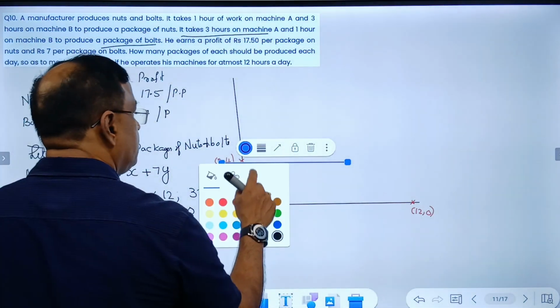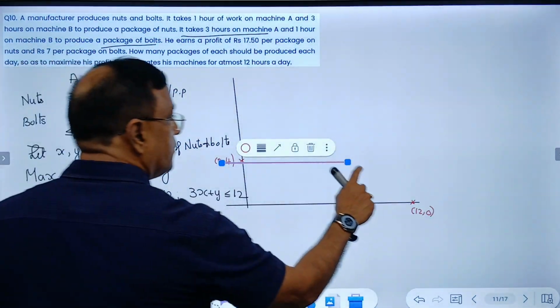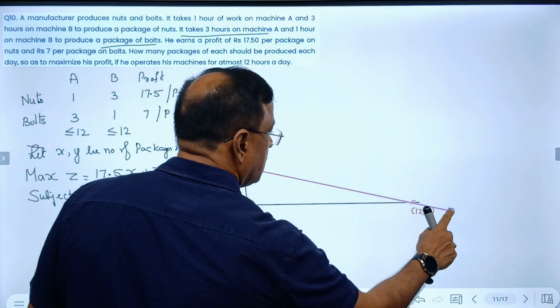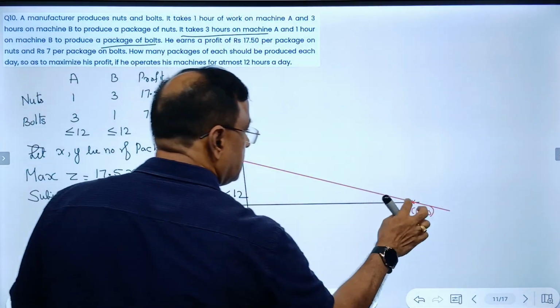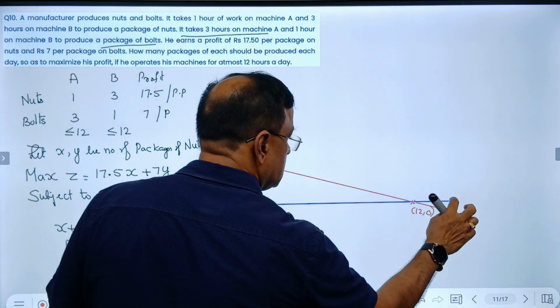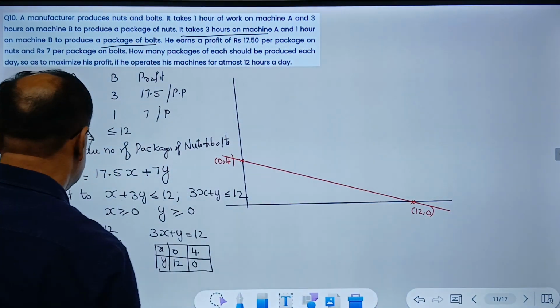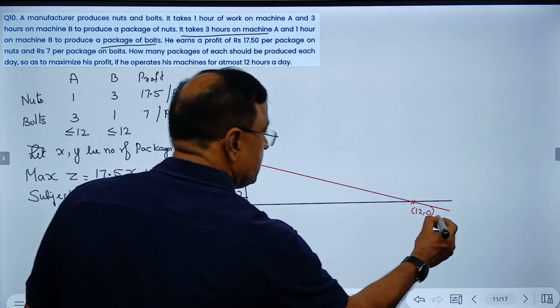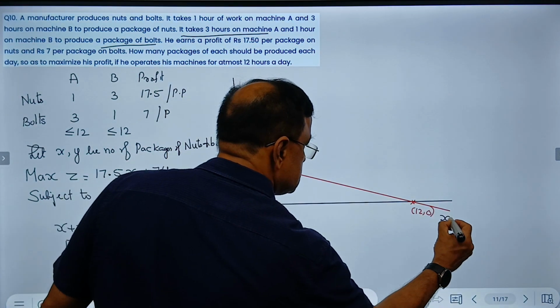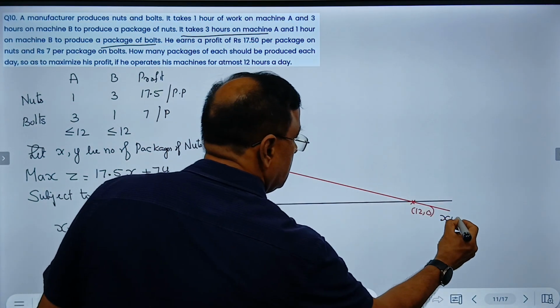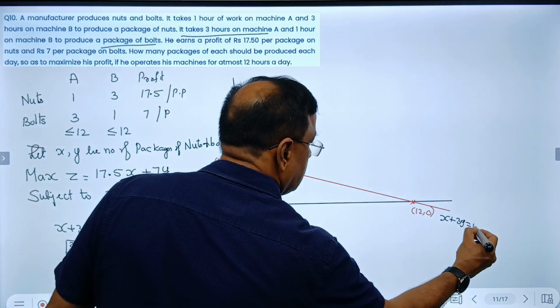Now I have to plot the graph. So this is the first line. Let me extend my x-axis a bit. So what is the equation of this line? The equation of this line is x plus 3y equal to 12.